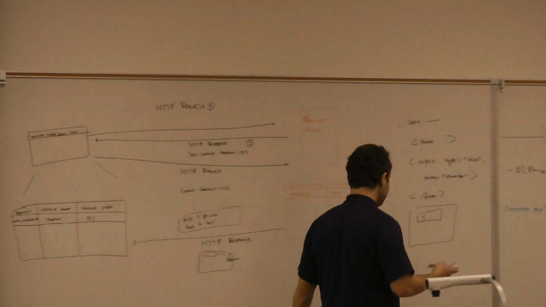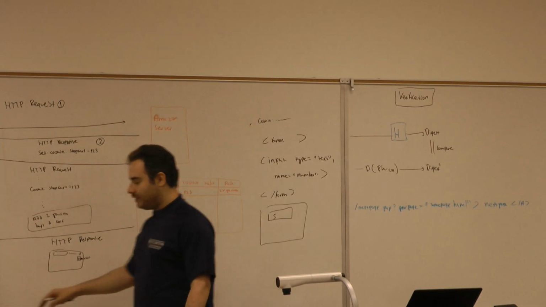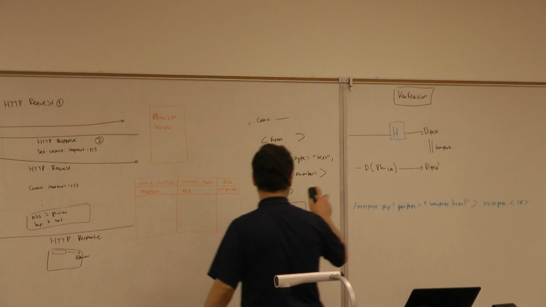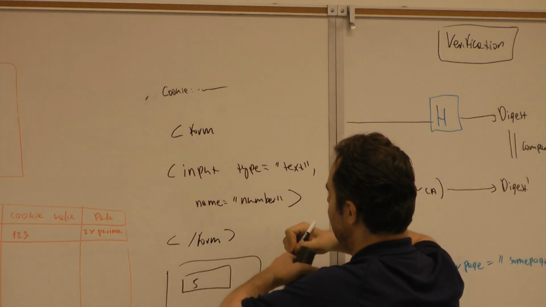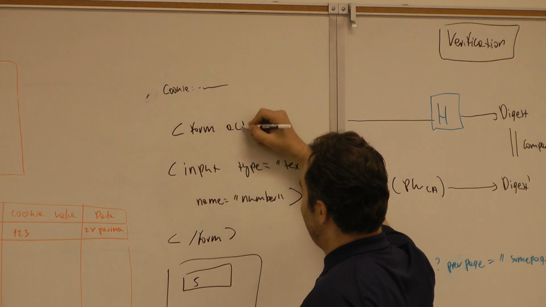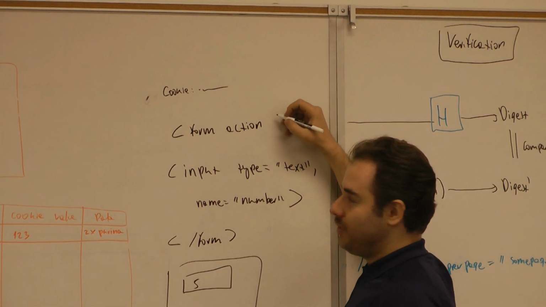Oh, and typically forms will tell you where to submit the data. So this form would also contain a little attribute called action. So action is what to do when the form is submitted.